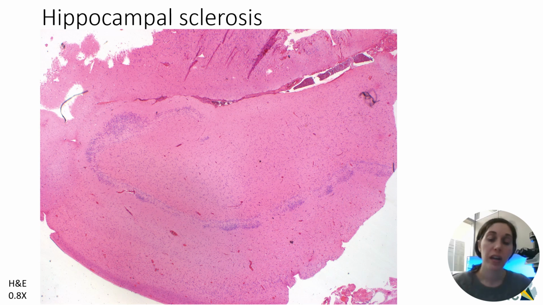So here again you have an H&E of the hippocampus, and you'll notice that the dentate gyrus, instead of being this continuous blue line, almost looks like someone took an eraser and just smudged out areas. And that's actually sections where the neurons have dropped out.